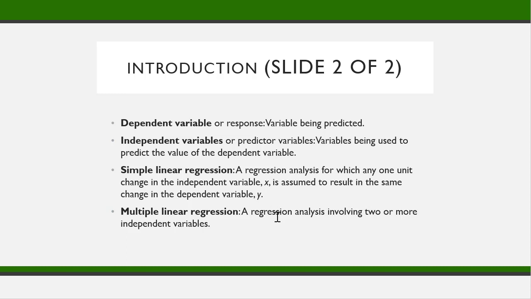So a change in x results in a change in y. x is the independent variable and y is the dependent variable. We could also have multiple linear regression, where we have several independent variables that are used to predict y.